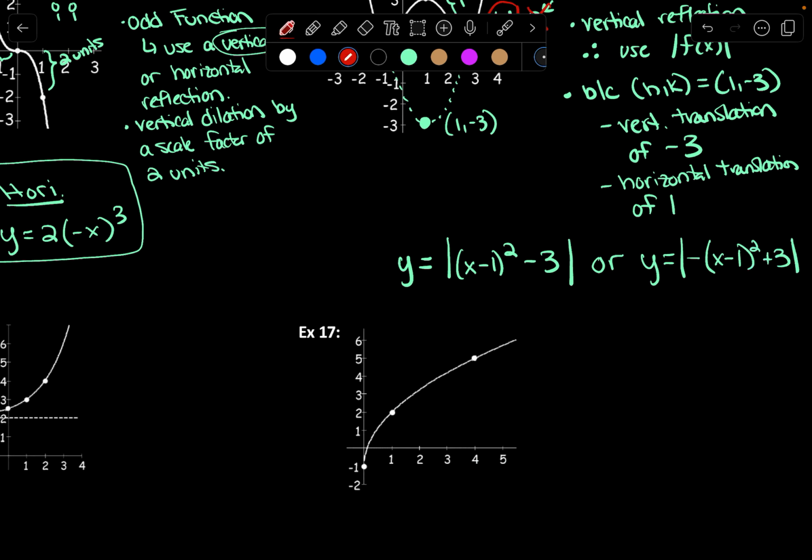This is if your parabola is facing upwards, and then you apply the absolute value. This is if your parabola is facing downwards, and then you apply the absolute value. Either way, they're both going to end up looking like this. Because in the first one, we are flipping the vertex portion down, and in the second one, we're flipping the tail ends up. So they'll both always end up looking like this.